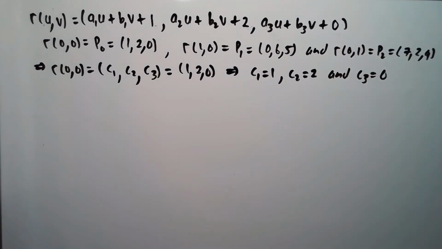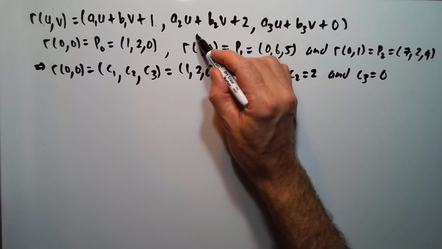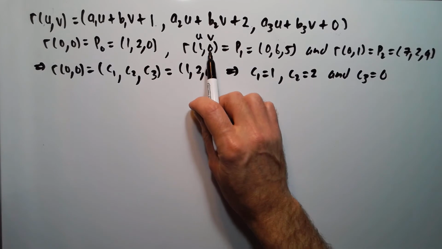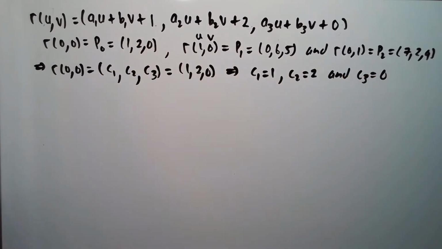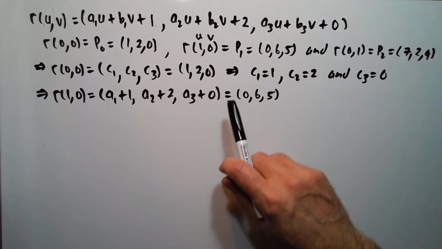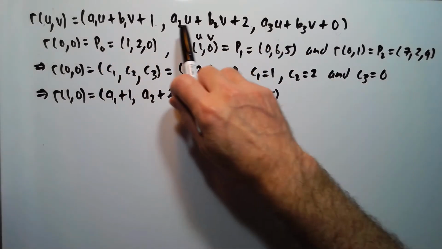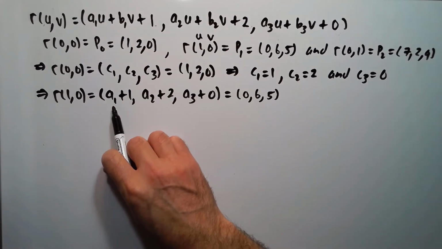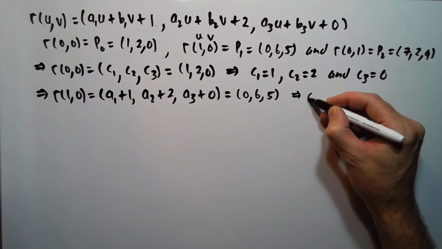Okay, now let's move on to the next one. So this one, I'm going to put 1 in place of U, and 0 in place of V, all across here, and we'll get this. Then solving this, A1 plus 1 is 0, which means that A1 has to be negative 1.